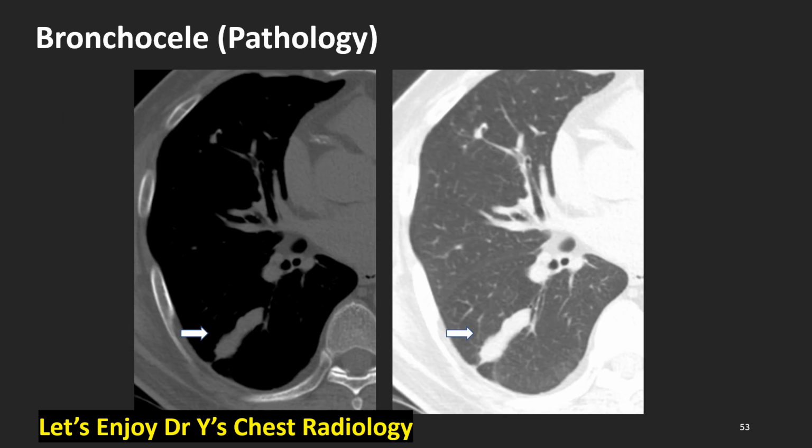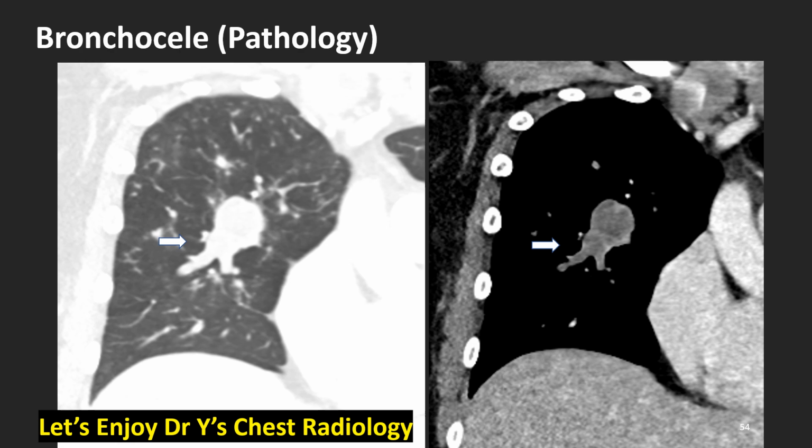Bronchocele pathology. Arrows indicate bronchocele with mucoid impaction in right lower lobe. Arrows indicate bronchocele with mucoid impaction in right upper lobe of bronchial atresia patient.